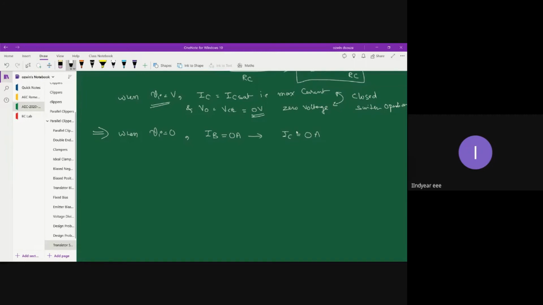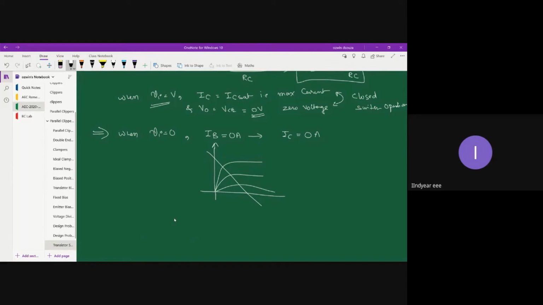So when collector current becomes 0, what happens to the switching operation? You can once again investigate this particular circuit scenario using your transistor output characteristics or the load line. So collector current is 0.